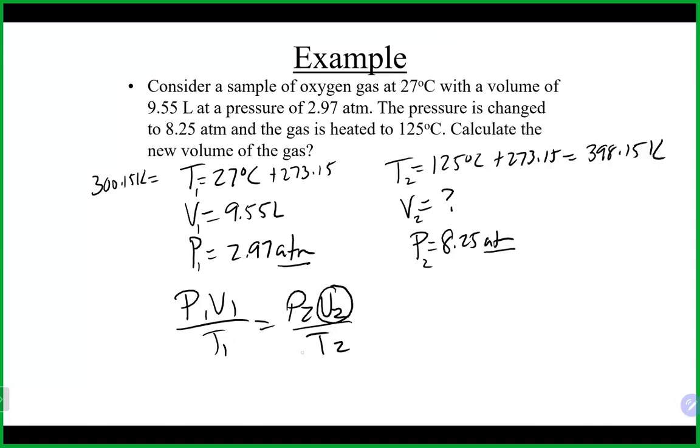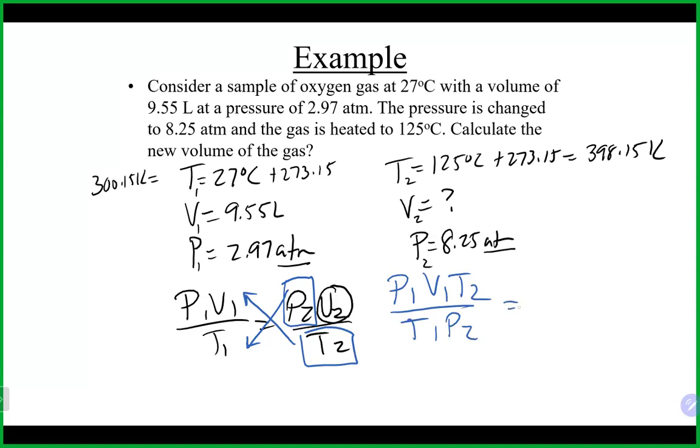That does mean that our T2 over here needs to go up and our P2 over here needs to go down. Again, opposite location to do so. That will give us P1 V1 T2 divided by T1 P2. Once again, we are essentially multiplying and dividing when we're doing that. We're going to put everybody in the correct location.